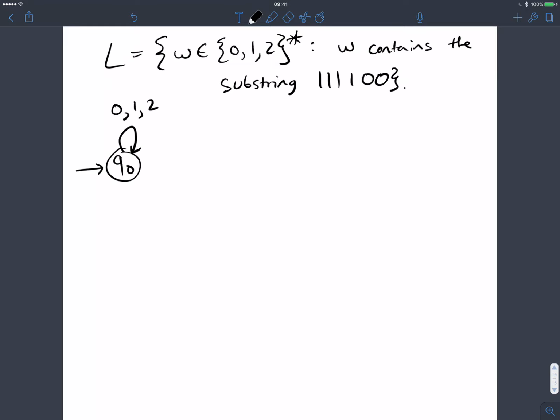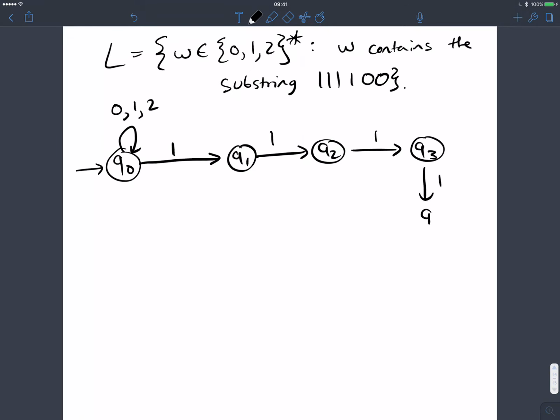I'm going to start reading the 1, 1, 1, 1, 0, 0 thing, and then what should Q6 be? It should be a final state, but is that all I need to do? I need self loops on Q6 as well.